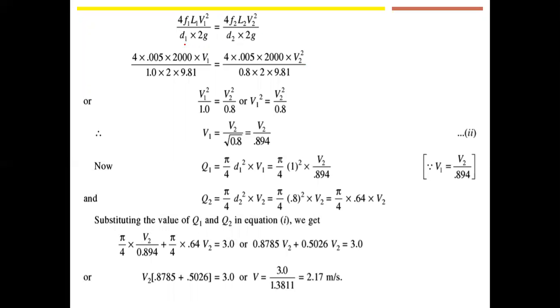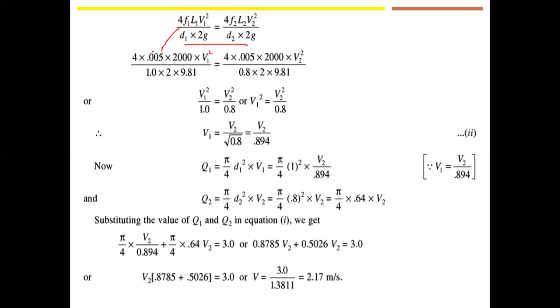Now substituting: 4 into 0.005, with F1 equal to 0.005, L1 equal to 2000, V1 we do not know, so V1 square by D1, which is 1 meter, 2 into 9.81, is equal to 4 into F2, L2 value, V2 square, there should be a square here, by 0.8 into 2 into 9.81.